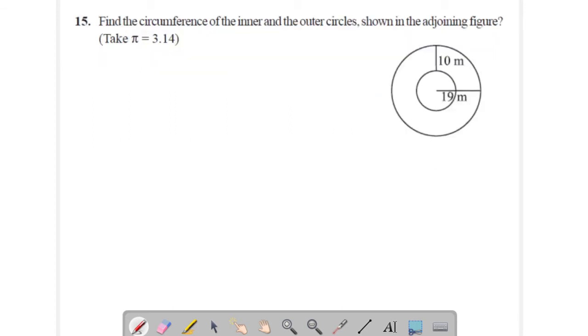Now come to question number 15. Find the circumference of the inner and outer circle shown in the adjoining figure. Take pi equal to 3.14. See the solution.